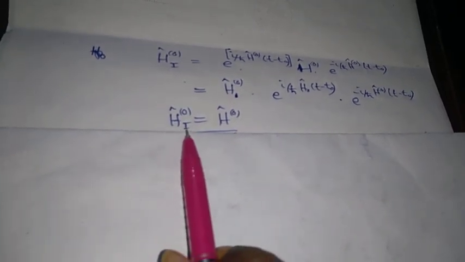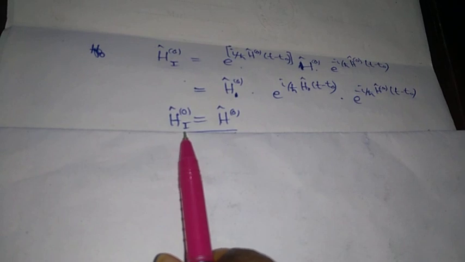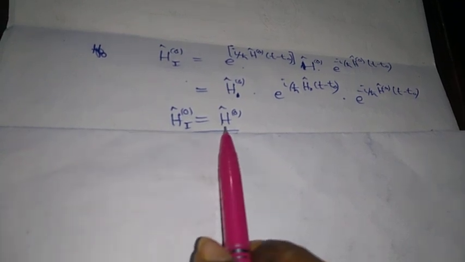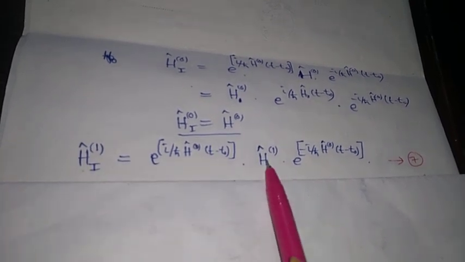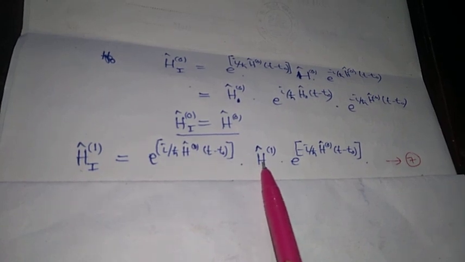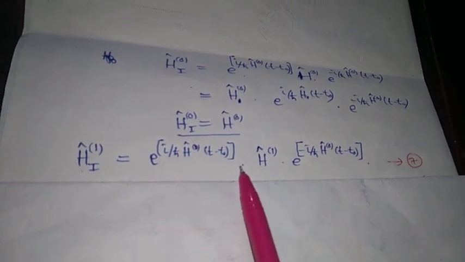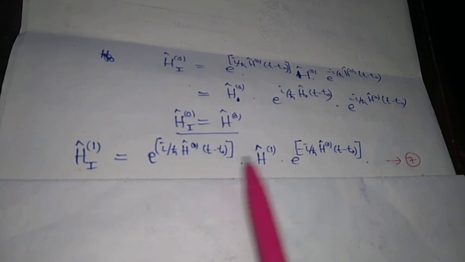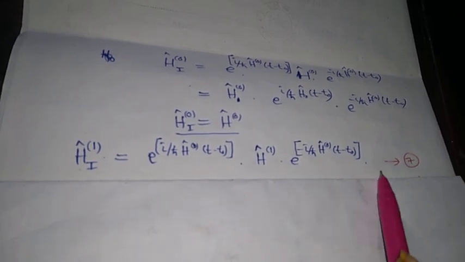So we can say that H0 in interaction picture is also the same as that in Schrodinger's picture. Similarly, we can write down H sub I1, and we get this expression from equation number 5, and the thing that we got here we are calling equation number 7.